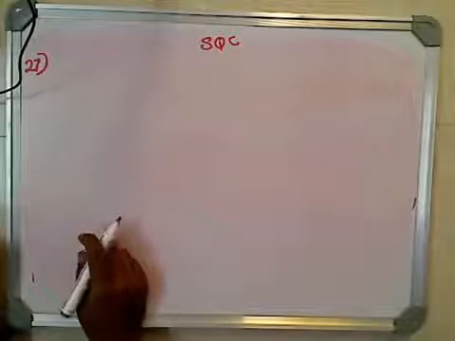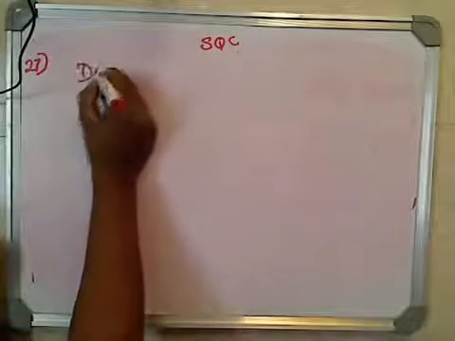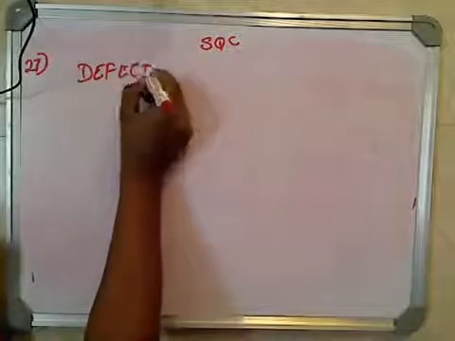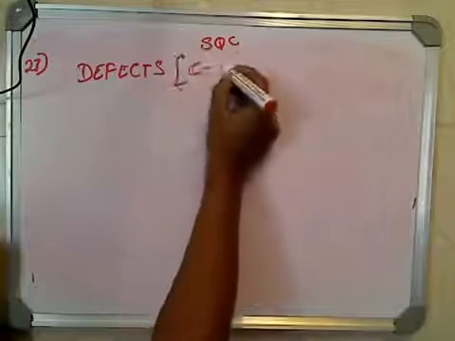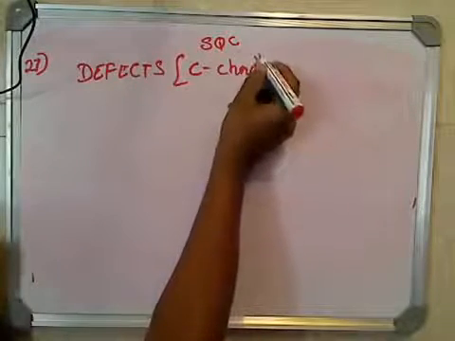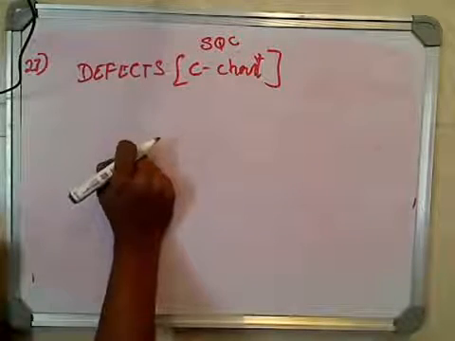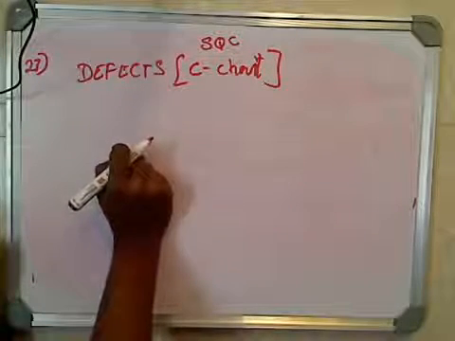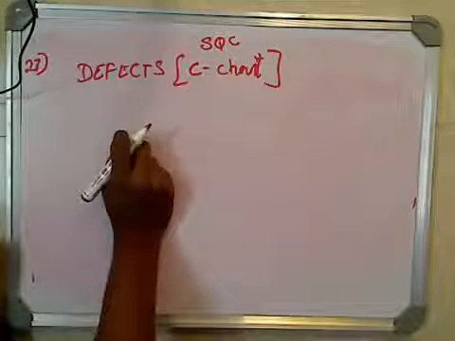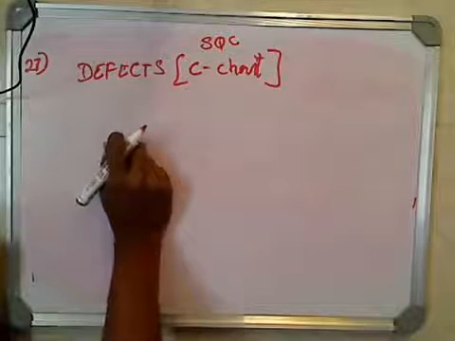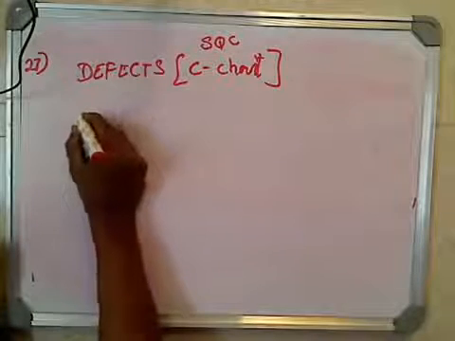In this case, they mention defects. Defects here automatically means you use a C chart formula. Now in this case, the mean is not given, that is, the Poisson distribution value is not given. So because it's not given, I end up using this formula.